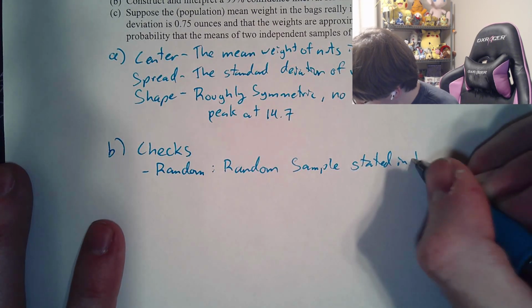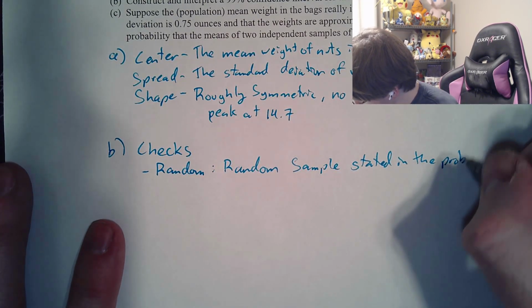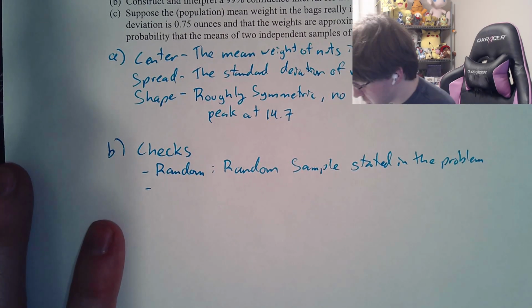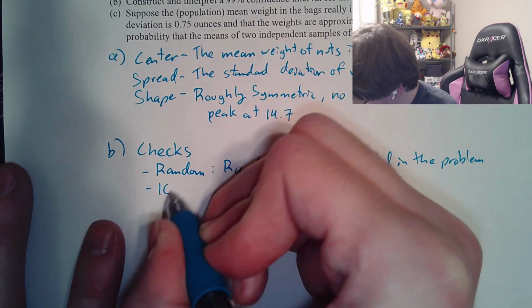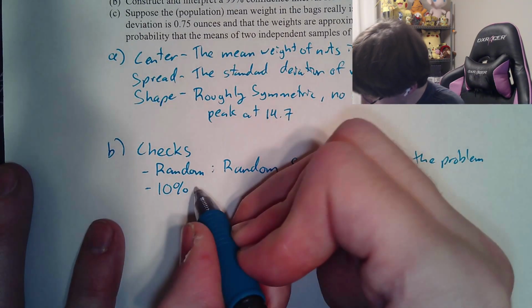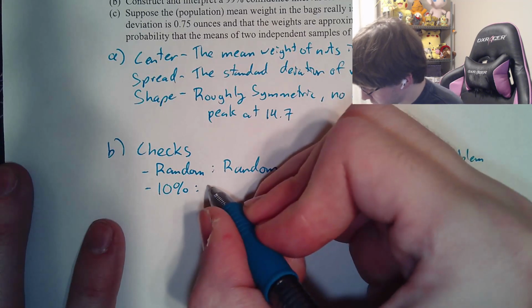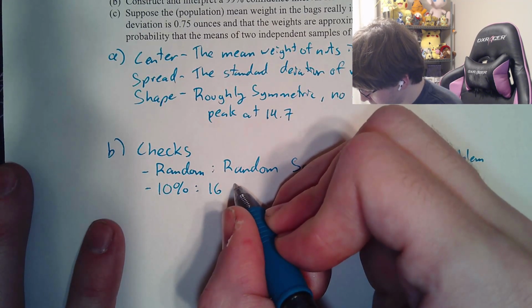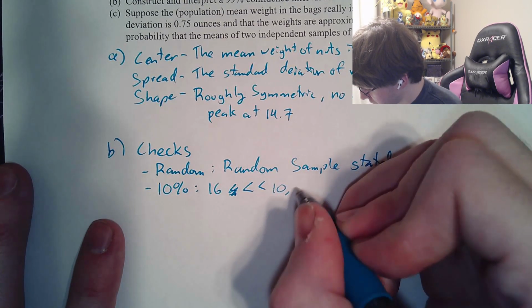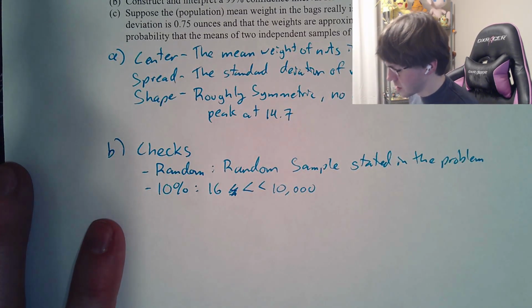stated in the problem. And then after you check for randomness, the next thing you gotta do is your 10% or your independence condition. To check that independence condition, all we have to say is 16 is much less than 10,000.